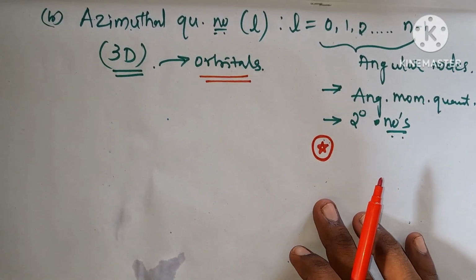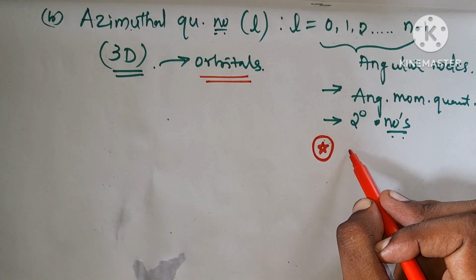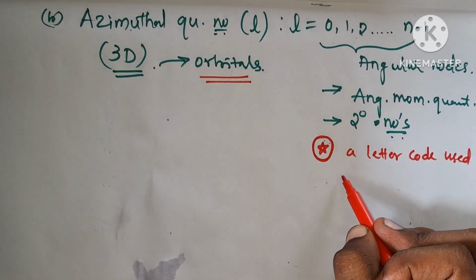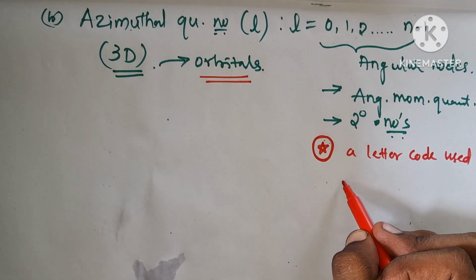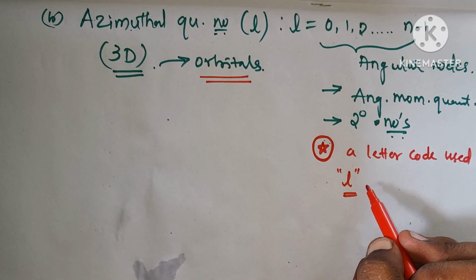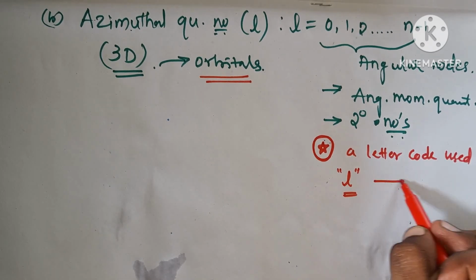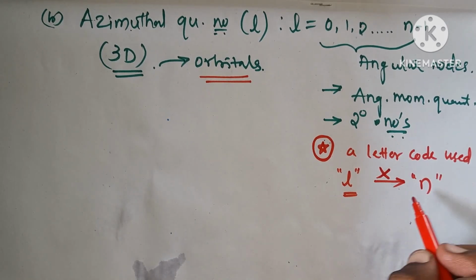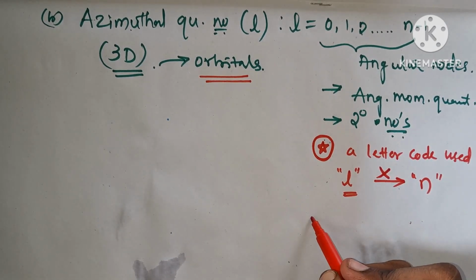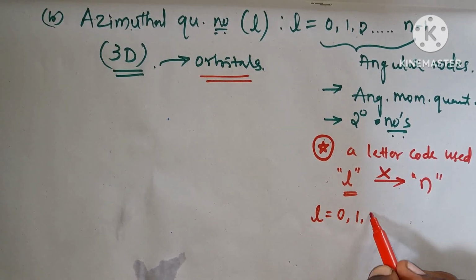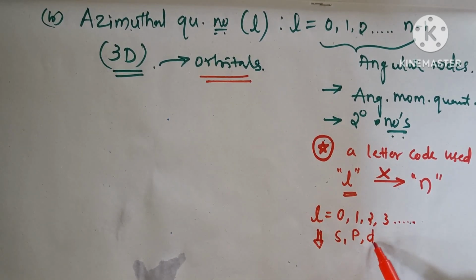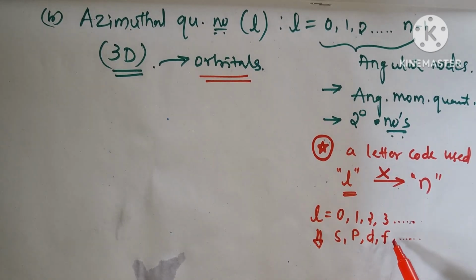Usually a letter code is used to identify these azimuthal quantum numbers L to avoid confusion with principal quantum number N. So for L is equal to 0, 1, 2, 3 and so on, it is replaced with S, P, D, F and so on.